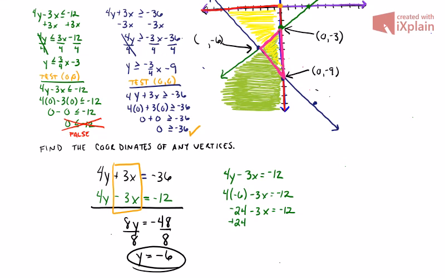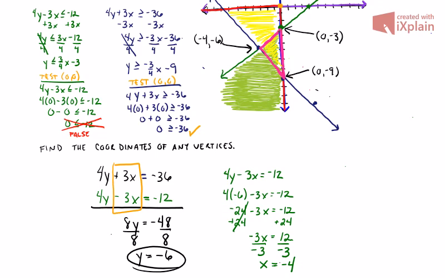We'll add 24 to both sides to clear it. That's going to give us -3x is equal to +12. We'll divide both sides by -3, and we see that x is going to be equal to -4. So our other point will be -4, -6.